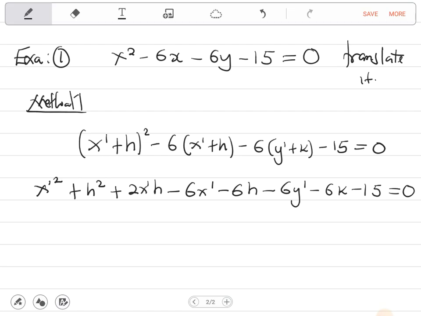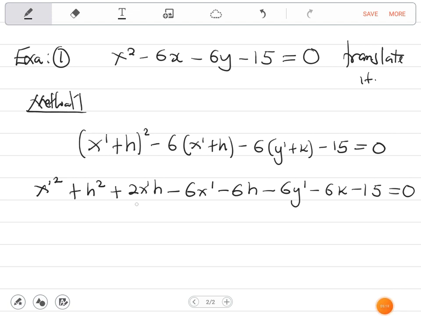So just find two of these where you can easily factorize and take out, let's say, k and h. Look at it. Where do you think you can take out h? And where do you think you can take out k? So that once you get them, you set them to 0.